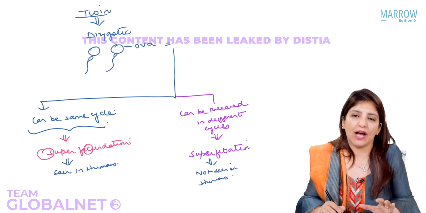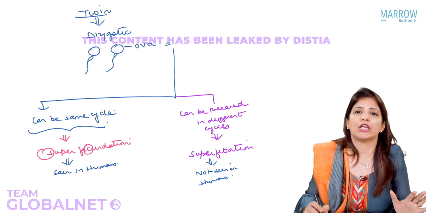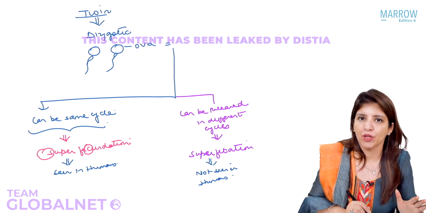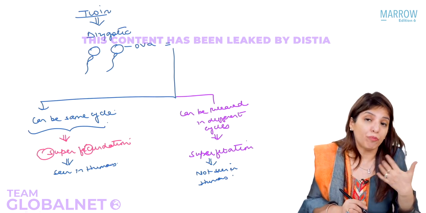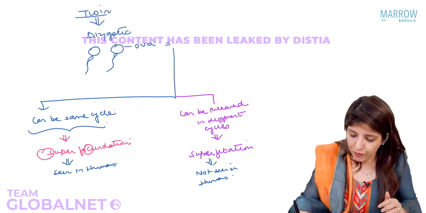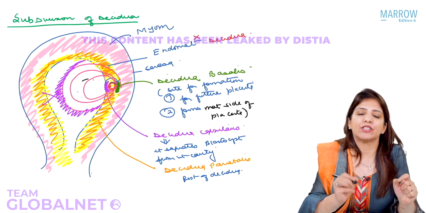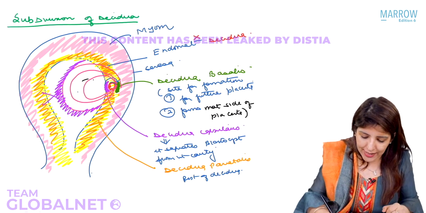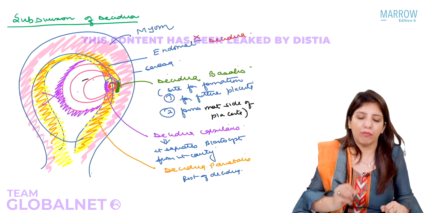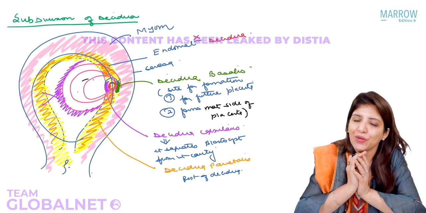But suppose, theoretically speaking, superfetation is seen in humans. Till what time is superfetation possible? It will be possible till the time the uterine cavity is not obliterated. Once the uterine cavity is completely obliterated, sperm cannot enter into the uterine cavity.